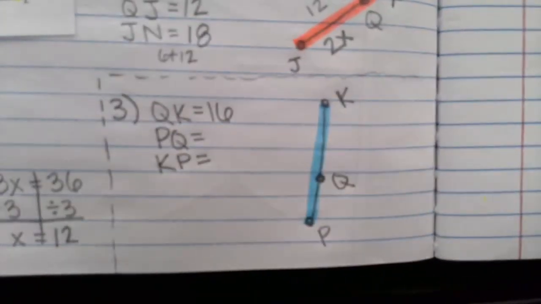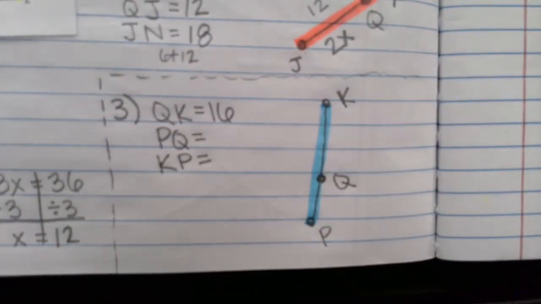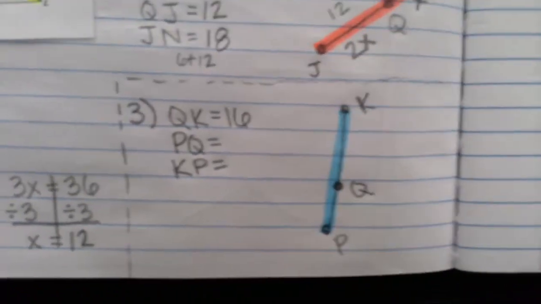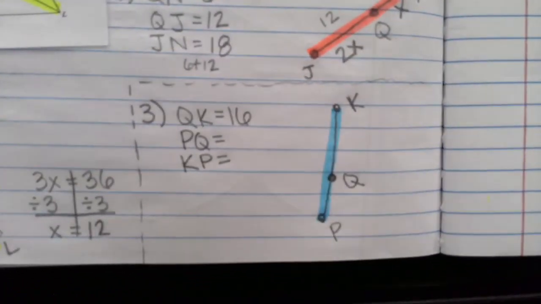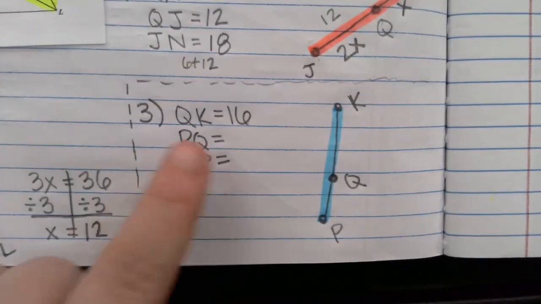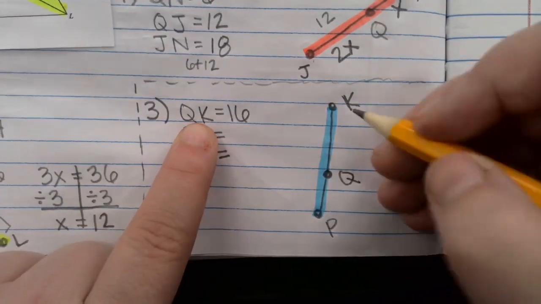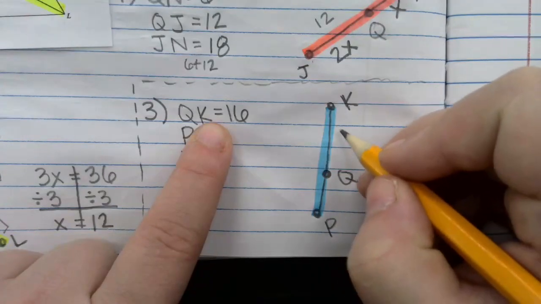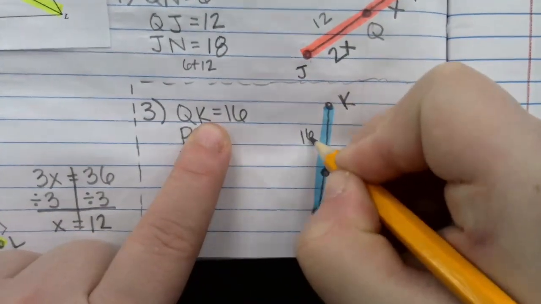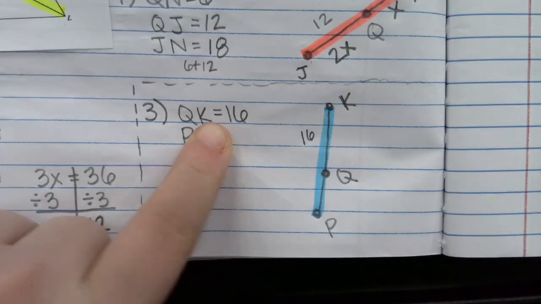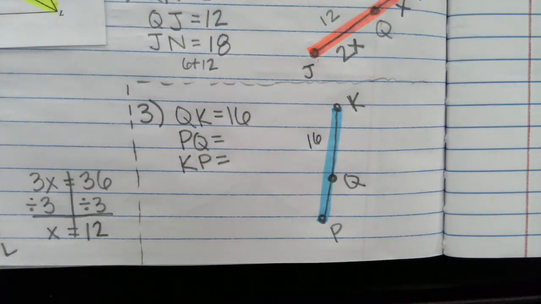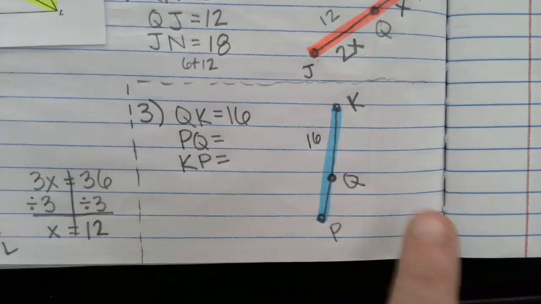All right, you guys are pros at this by now. Just kidding. Maybe you aren't. We've only done it 2 times. This is our 3rd time. It's okay not to know something after 2 times. We're going to label QK is 16. And then we want to label that X and the 2X. So which one is going to be my X? PQ or QK?